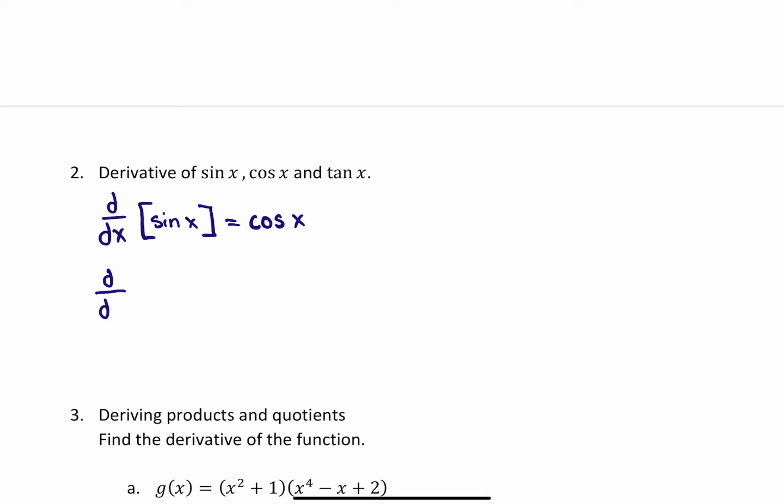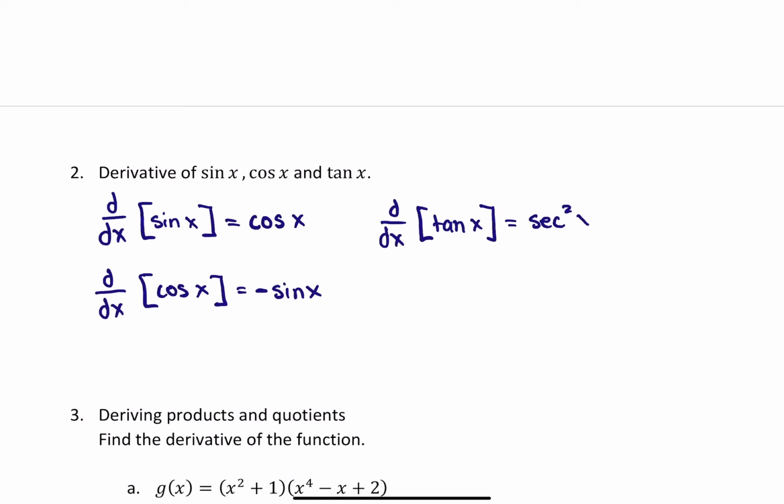And the derivative of cosine x is going to be negative sine x. And the derivative of tangent x is going to be secant squared x. And we'll put a star by this one, and we're going to put quotient rule. And we'll see why this is when we get to the quotient rule.